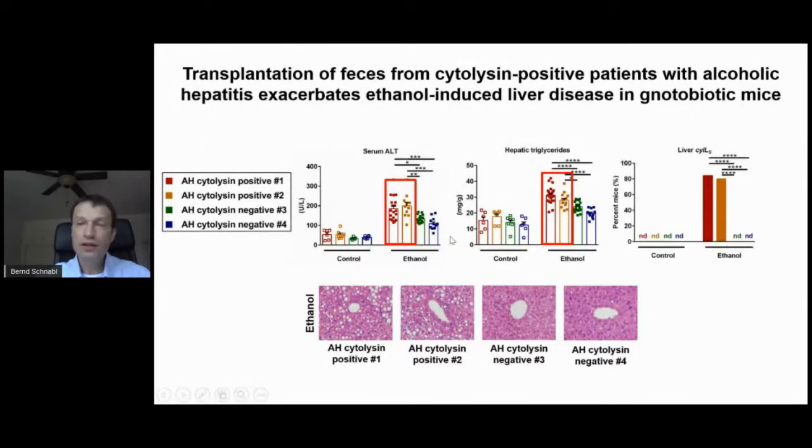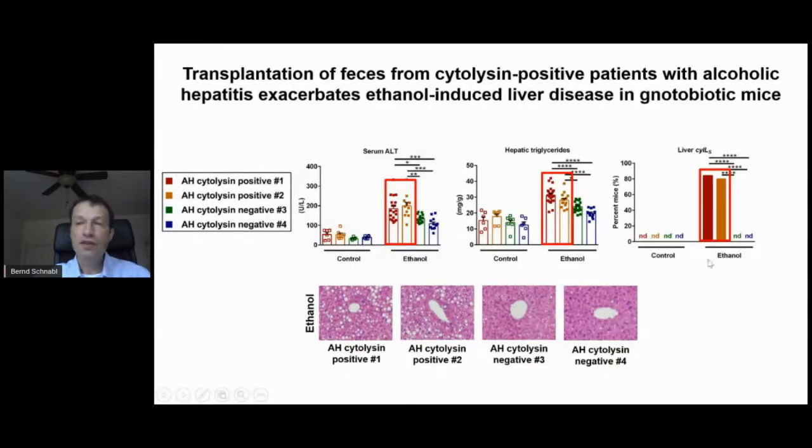And most importantly for us, what we were able to detect now is that in the mice that were colonized with the stool from the cytolysin-positive alcoholic hepatitis patients, we can now detect the cytolysin, in fact, in the liver from these mice. We obviously cannot detect it if the mouse was colonized with stool from cytolysin-negative donors. And also, quite intriguingly, if you don't feed them alcohol, even if they have cytolysin in the microbiome, this does not make it to the liver.